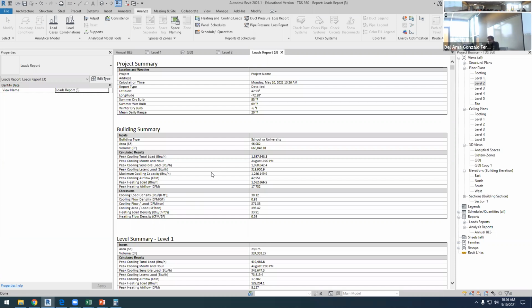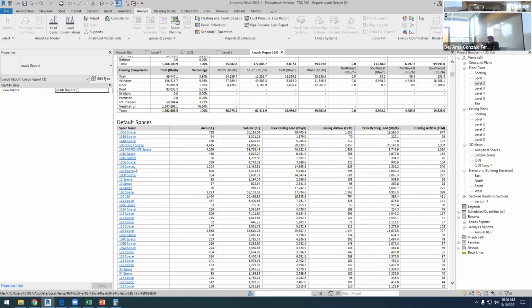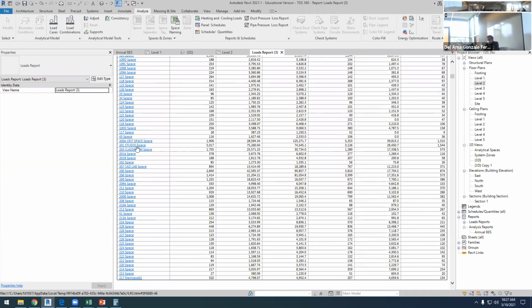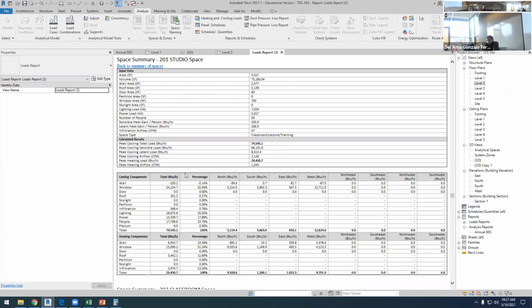Okay, so we have the building summary, but I want to go to the space summary, and then we have to go to the studio. And well, I told you to copy all these.